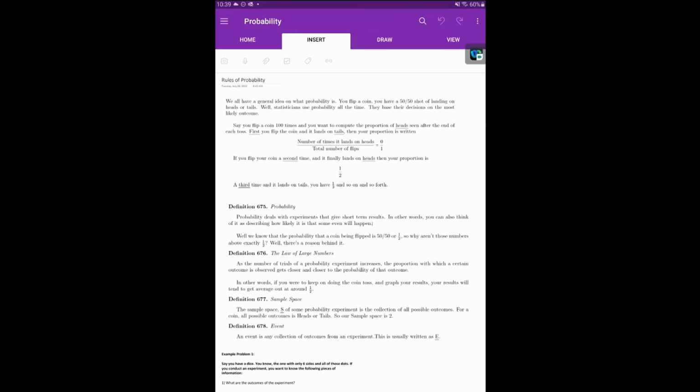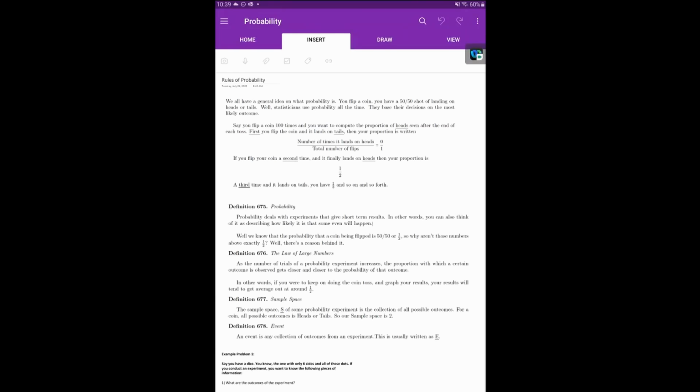times and you want to compute the proportion of heads that you get after each toss. First you flip the coin and it lands on tails. So you write your proportion as 0, because you wanted heads but got tails, over the total number of flips, which is only one.